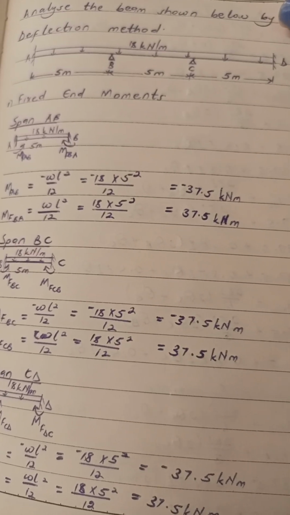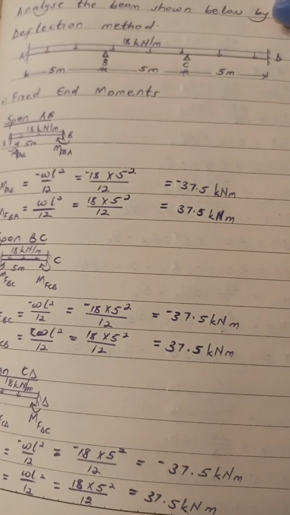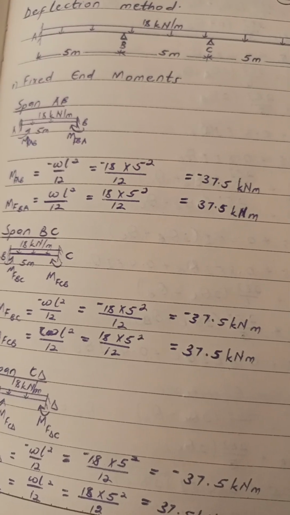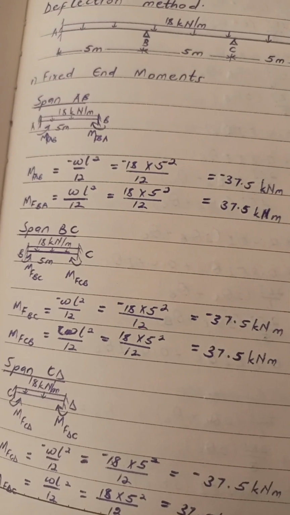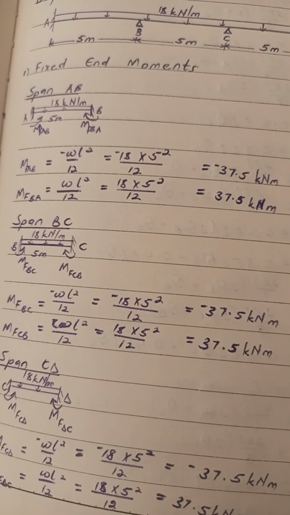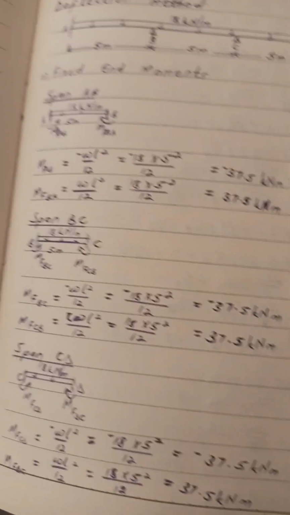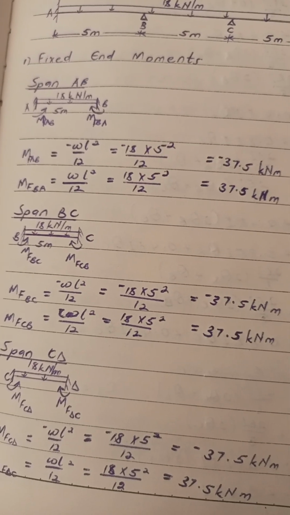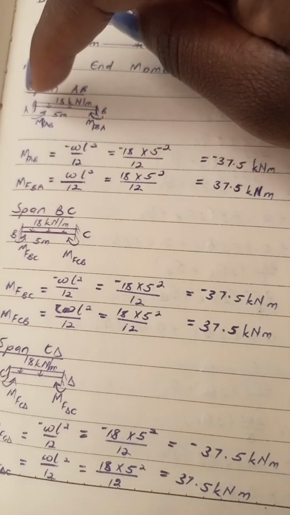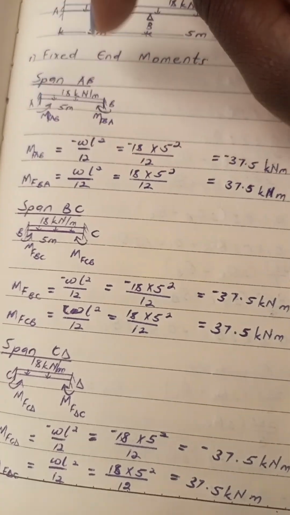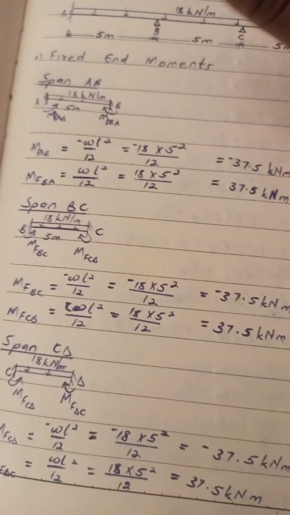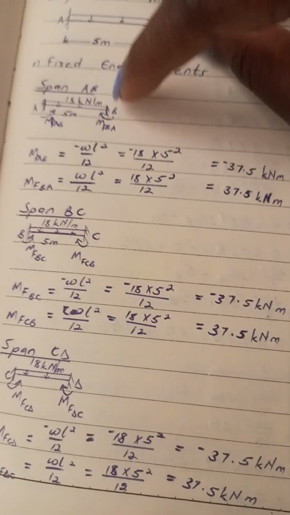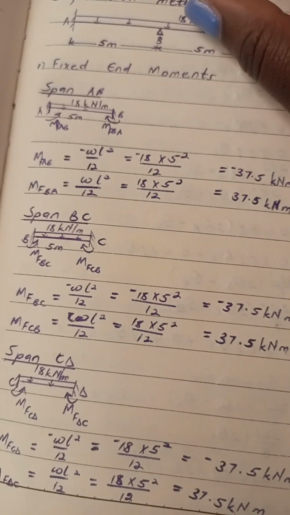AB. And when we're finding the moments for span AB, since it's a uniformly distributed load acting on a span, we're going to use the formula W L squared over 12. This one works for a UDL. So when you're calculating for span AB, the moment MFAB is going to be negative, meanwhile the other is positive, because one acts in a clockwise direction and this one acts in an anti-clockwise direction.